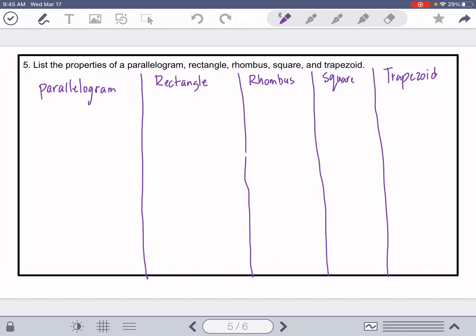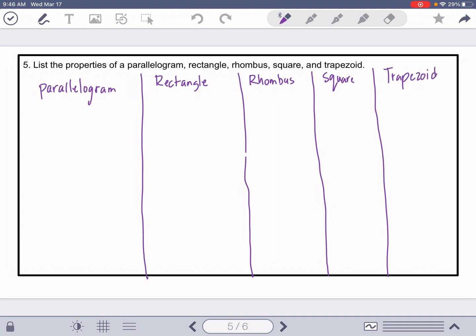That's a little bit of responsibility on your part. You need to be able to go back and look those properties up and see where you can find them.